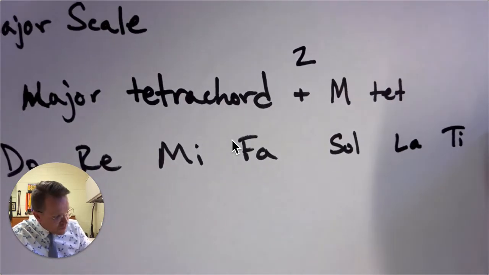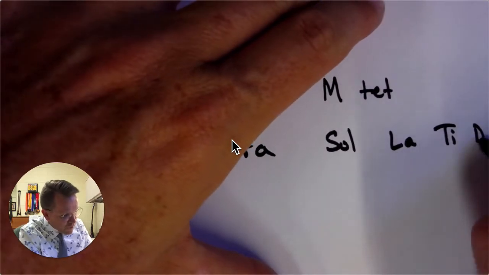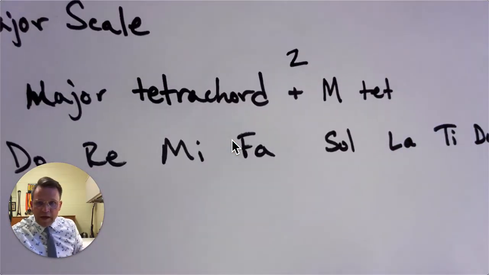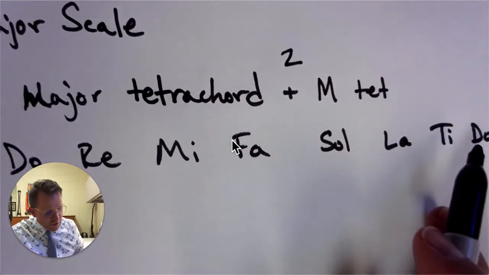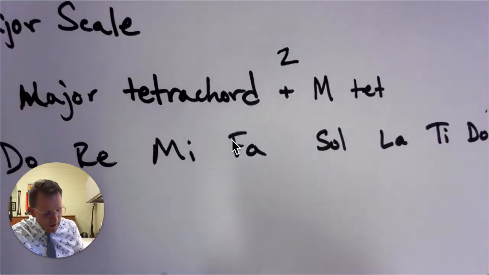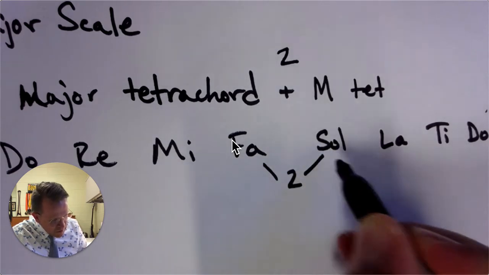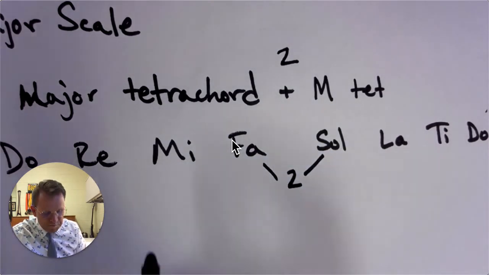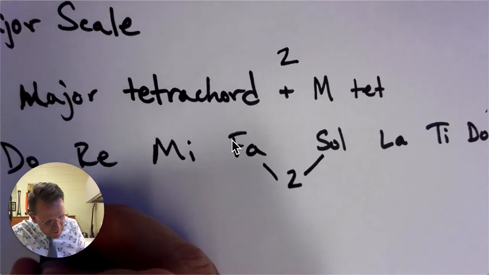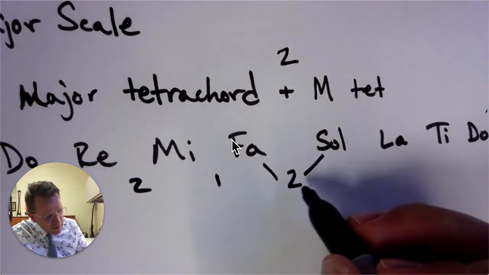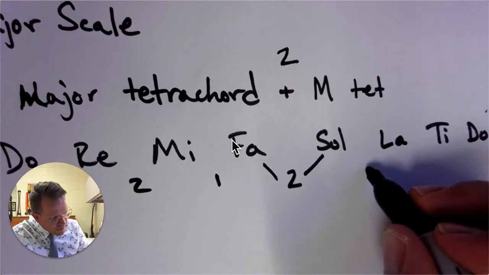Looks like I'm running out of room. Do. Okay? So there we have these two tetrachords that we've linked together, and we're linking them by two semitones. So this little bridge between is two semitones from fa to sol, and our pattern of semitones goes 2, 2, 1, 2, and then 2, 2, 1.